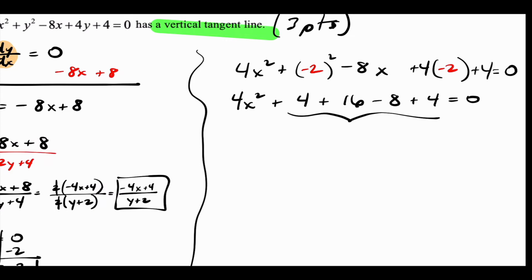So that one should stay 8x. Negative 8x. Okay. So we get 4x squared minus 8x equals 0.